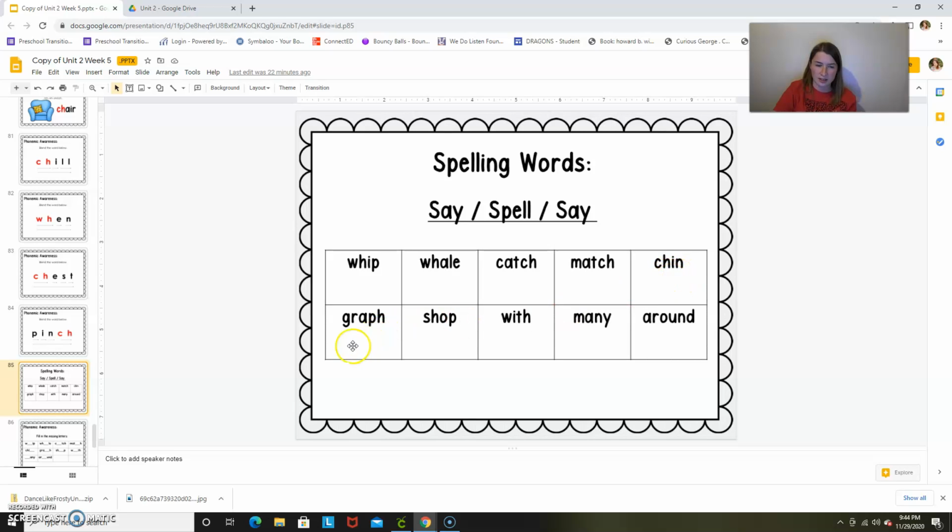C-H-I-N, chin. Graph. G-R-A-P-H, graph. Shop. S-H-O-P, shop. With. W-I-T-H, with. Many. M-A-N-Y, many.